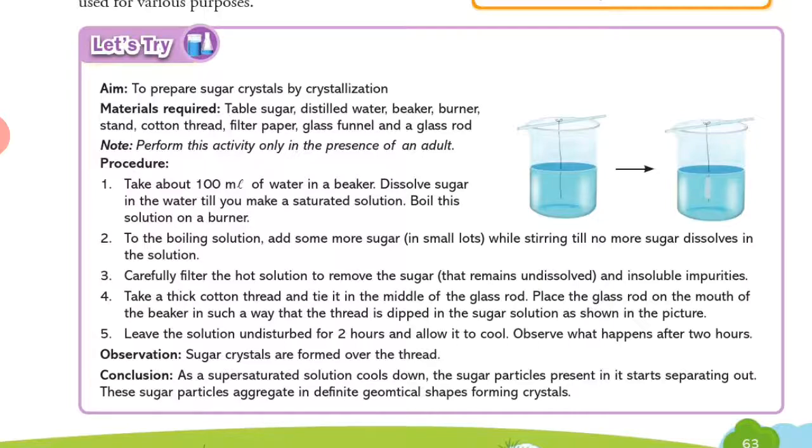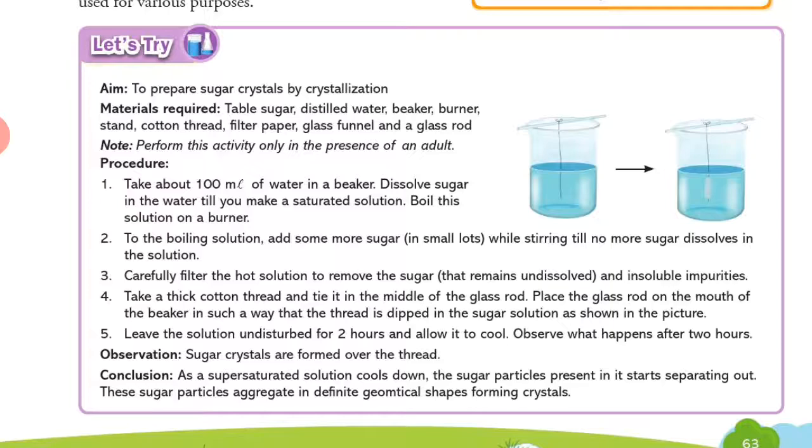Carefully filter the hot solution to remove the sugar that remains undissolved and insoluble impurities. Take a thick cotton thread and tie it in the middle of the glass rod. Place the glass rod on the mouth of the beaker in such a way that the thread is dipped in the sugar solution as shown in the picture.